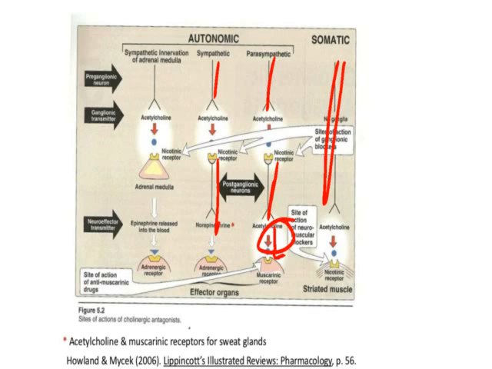But in the sympathetic, after the first ganglion acetylcholine is released, but after the second ganglion, which is associated with the effector cell, it releases adrenergic agents, that is adrenaline or noradrenaline.